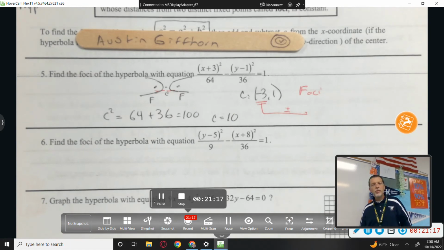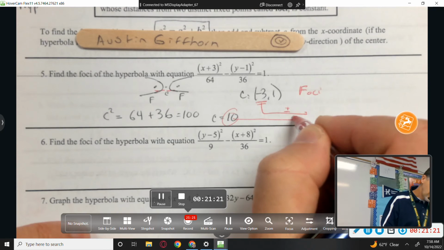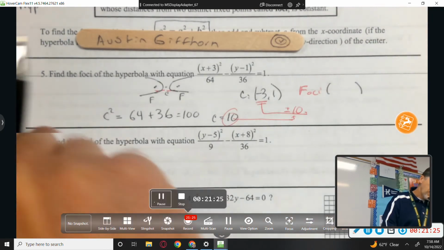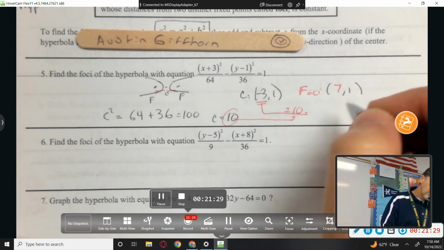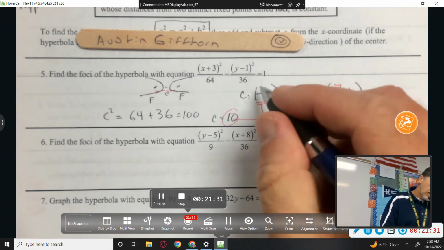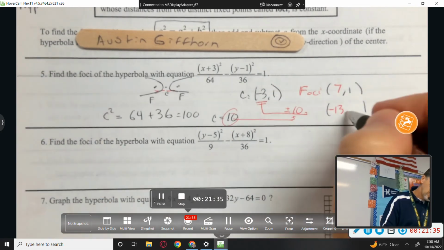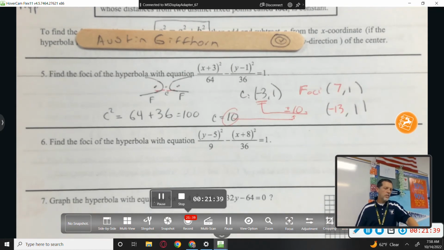So I need to do plus and minus 10 from the center. Negative 3 plus 10 would be 7. Negative 3 minus 10 would be negative 13. So there's my two foci.